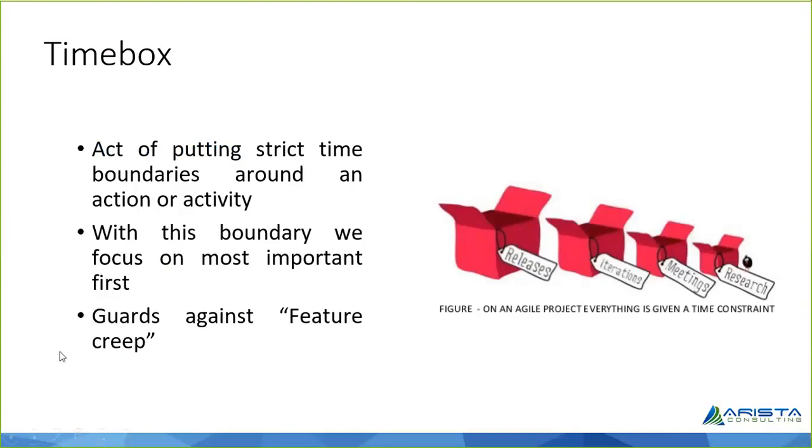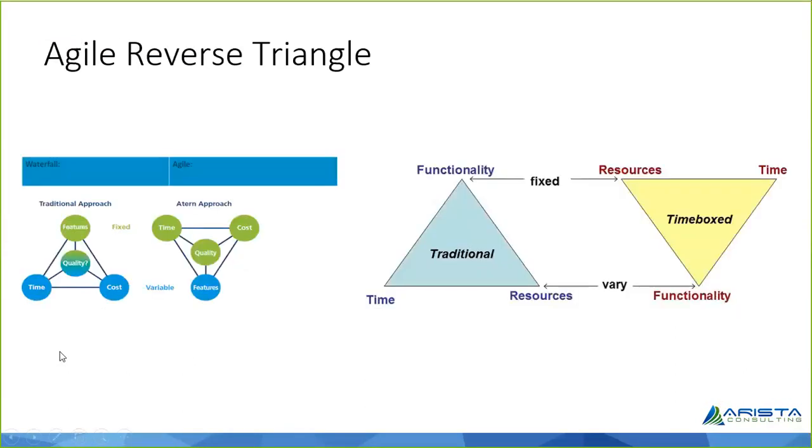Okay, there it goes. Okay, so we were talking about the Agile reverse triangle yesterday. In the traditional waterfall model, we have a fixed scope. And with reference to that scope, we estimate the time, we estimate the cost, and we decide upon the quality.